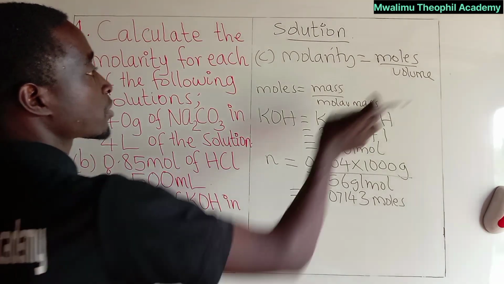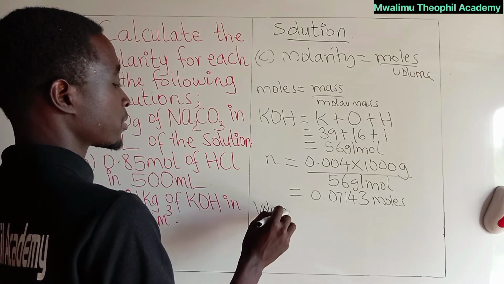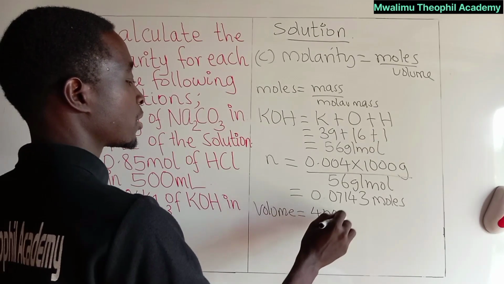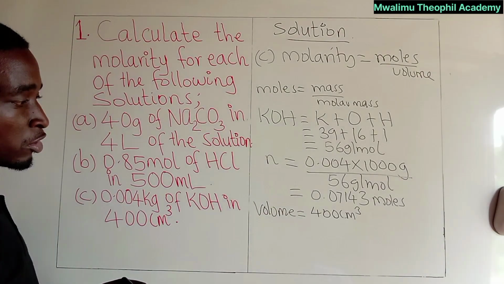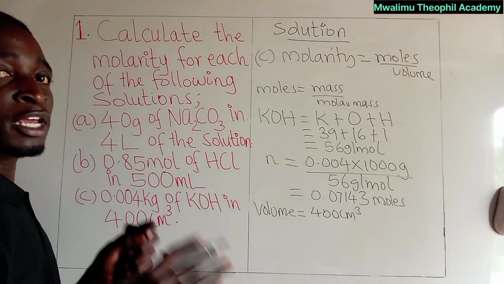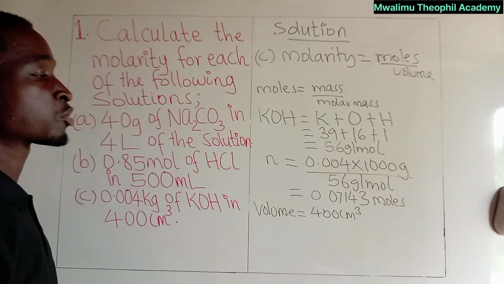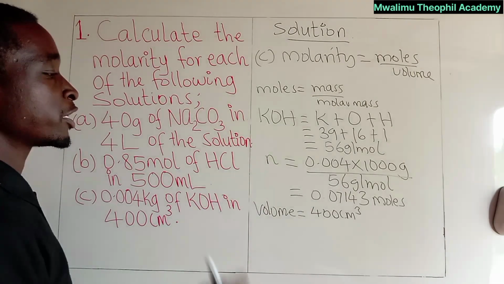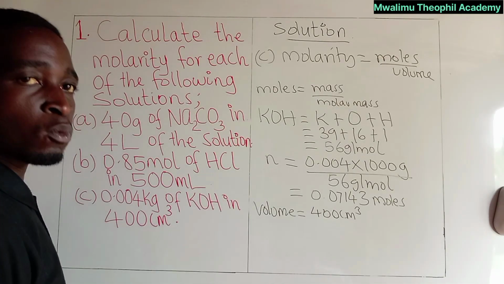Now let's work out the volume. Volume given is equal to 400 centimeter cubed. Here the volume given is in centimeter cubed, so we should convert this value into liters. You have to know that 1 liter is equal to 1000 centimeter cubed. So to convert the given volume in centimeter cubed into liters, we should divide the given value by 1000.